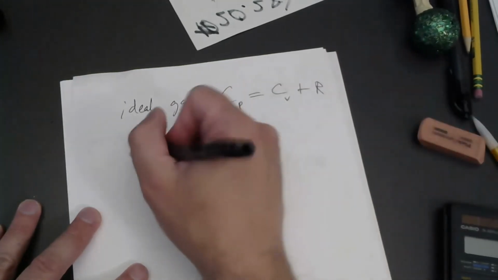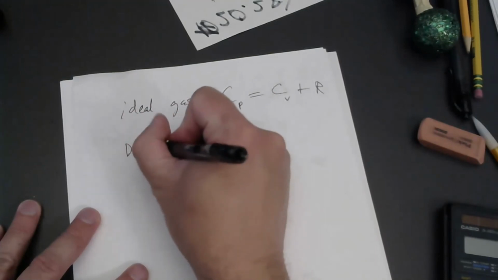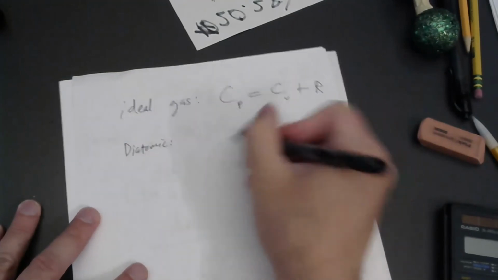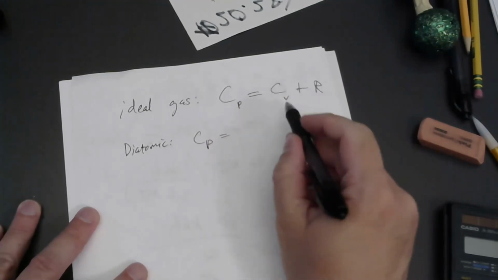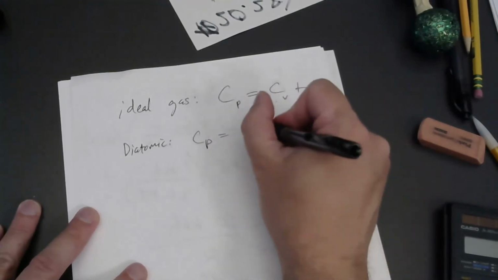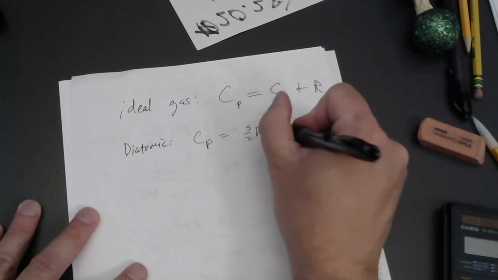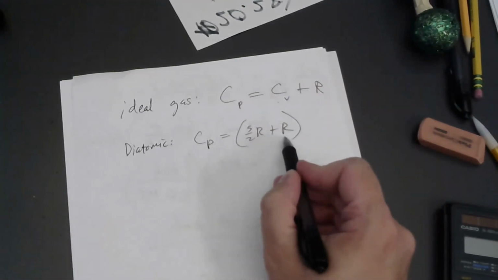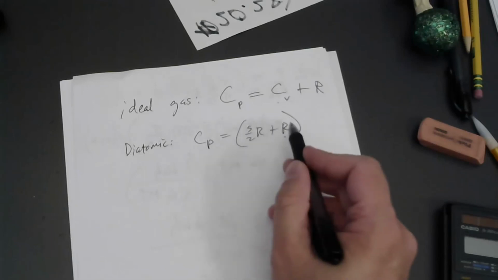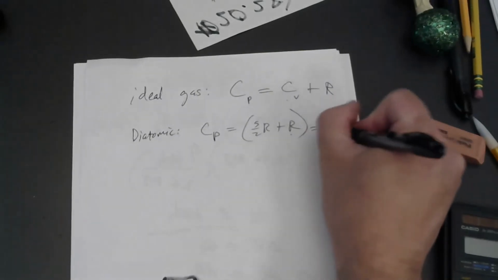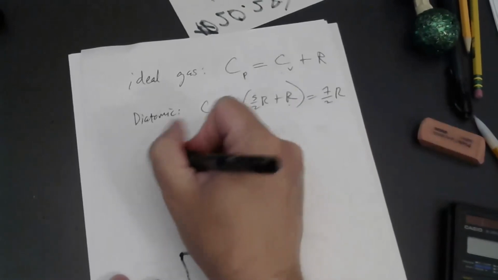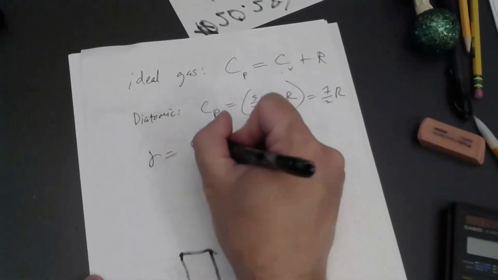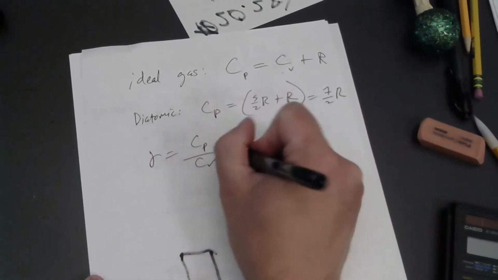All right, so for diatomic, CP would be, well, we've just determined that CV would be 5/2 R, plus R. Well, this R is the same as 2/2 times R, so 5 plus 2 is 7/2 R. And then gamma, the ratio of heat capacities, CP to CV, that's easy now.